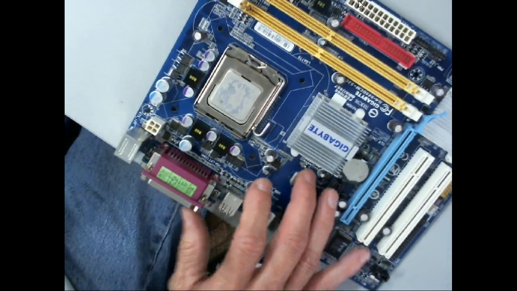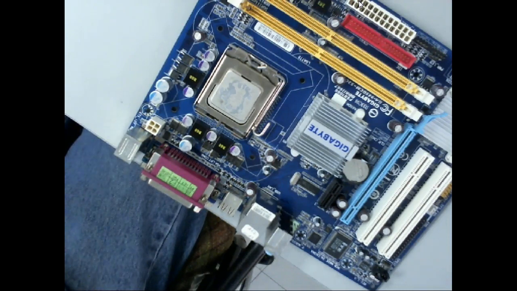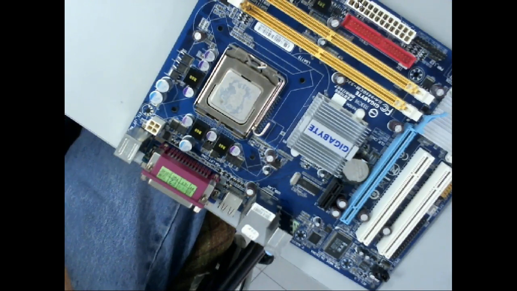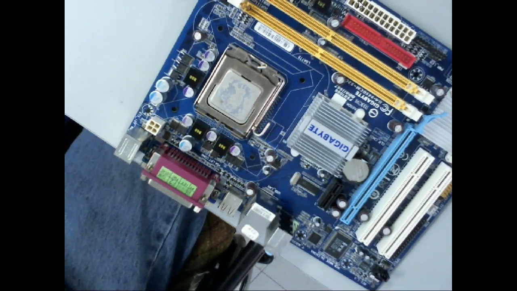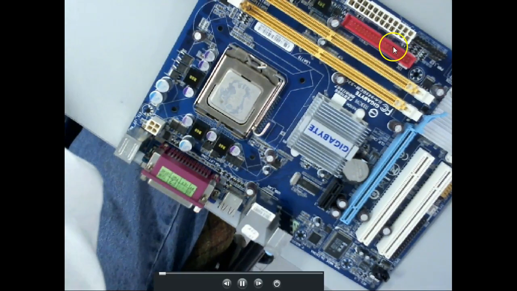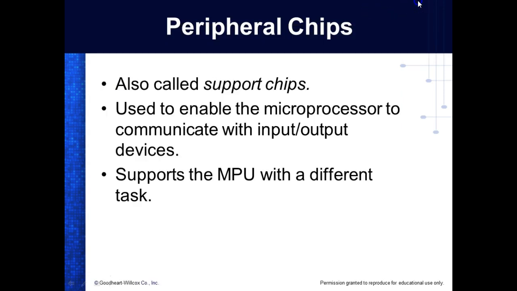So for applications that I need to control where I'm not going to change the program very often, we use what we call a microcomputer. One of the most popular is the Arduino.